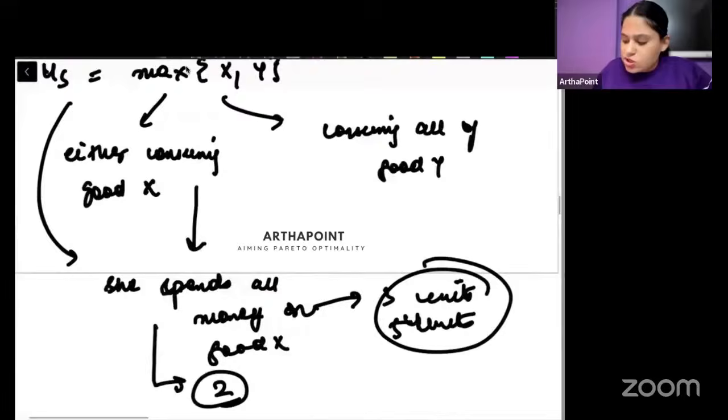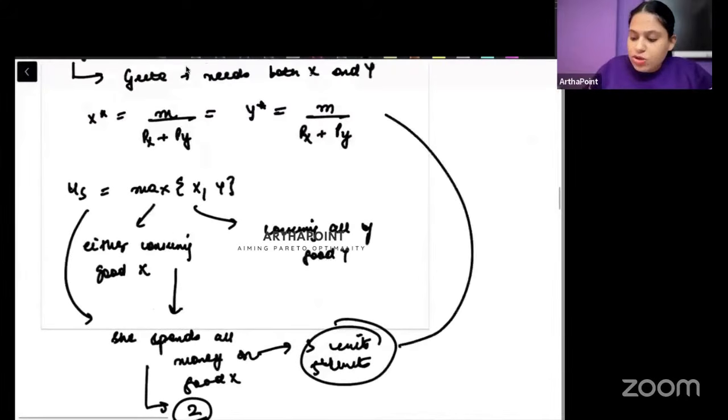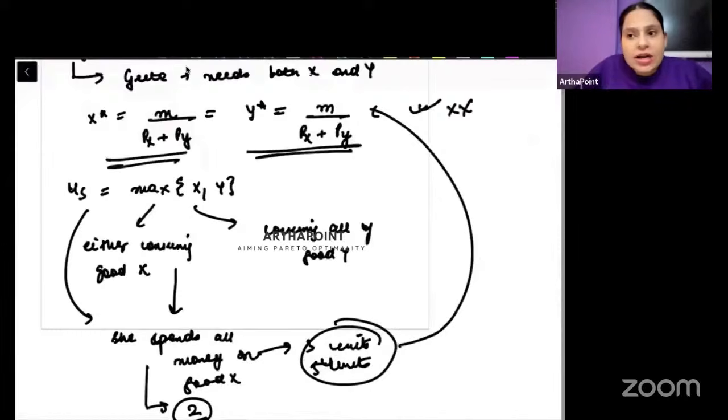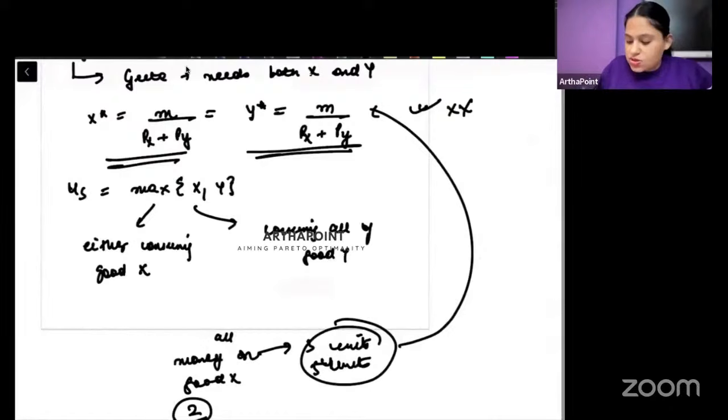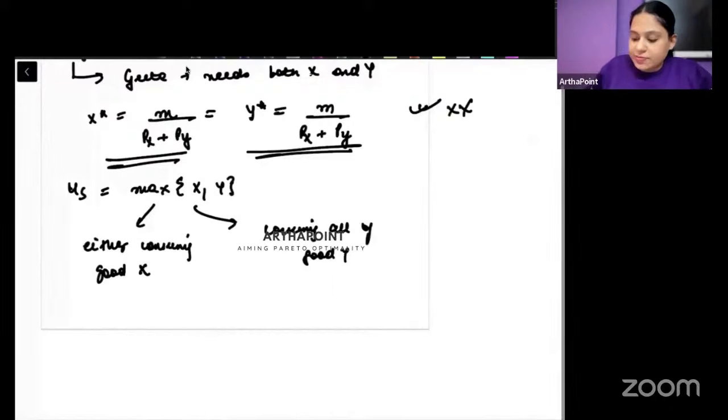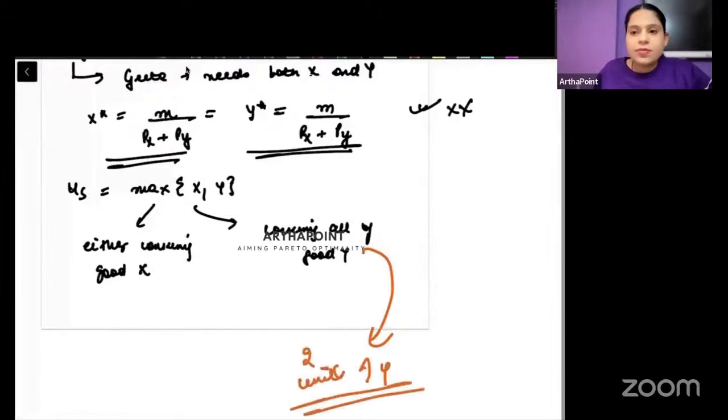But will 3 units of X and all of Y be useful to Geeta? No. Because she needs equal X and equal Y. So market will not clear. Similarly, suppose she consumes all her income on good Y, it means she will demand some amount of good Y. Suppose she demands 2 units of good Y. Suppose उसका पूरा income से सिर्फ 2 units good Y का आ रहा है.